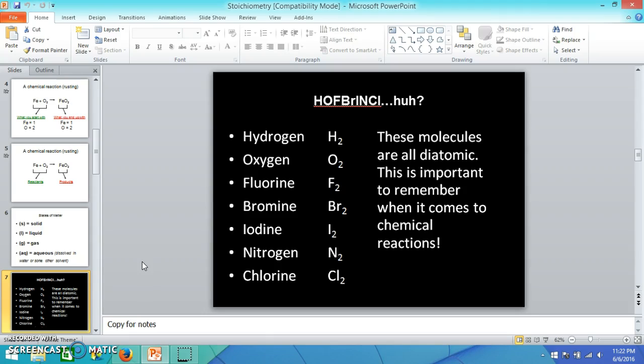And that's really the key to ionic compounds: you have one element that really wants electrons more than the other element, so you get a transfer of electrons, and that transfer of electrons creates ions. But in the case of covalent, especially with these seven elements here, there's no difference in electronegativity.